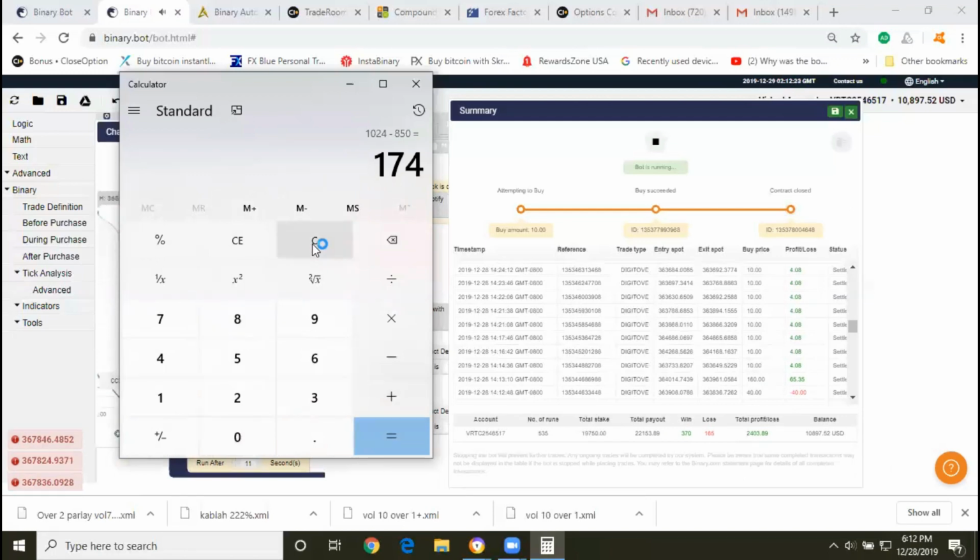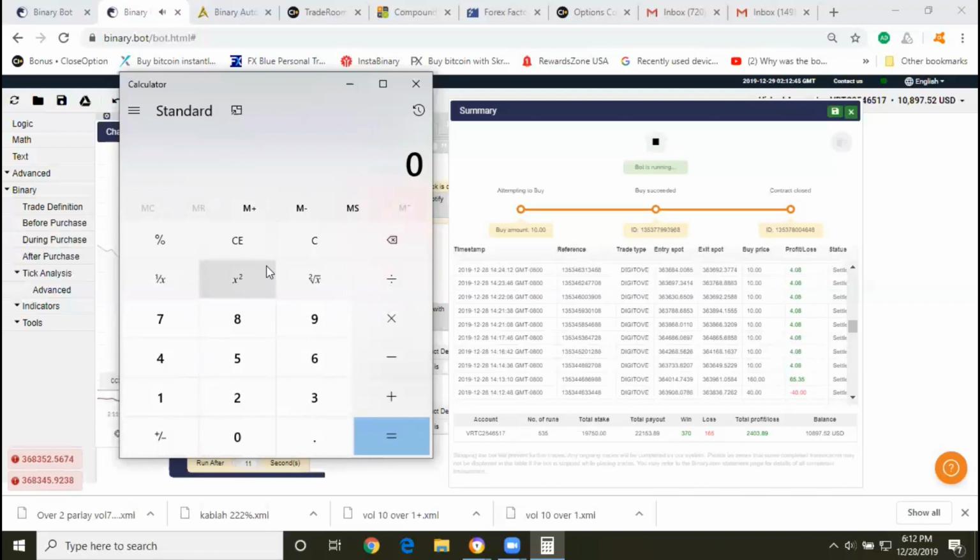But I'm just showing you the power of calculated compounding interest and the martingale effect, for it not to lose. You can calculate the probability of your strategy and your win ratio, and then tie that into how much you want to risk.